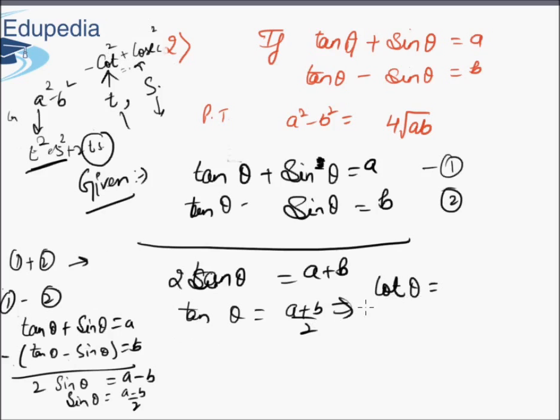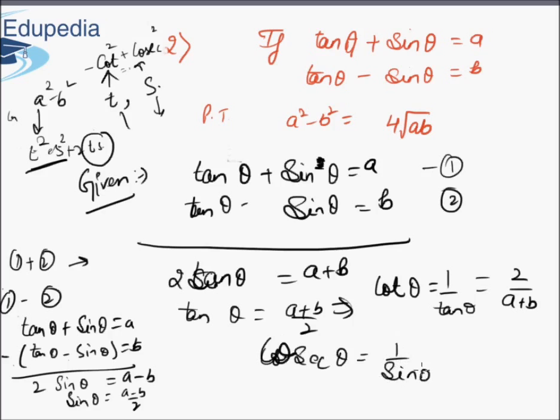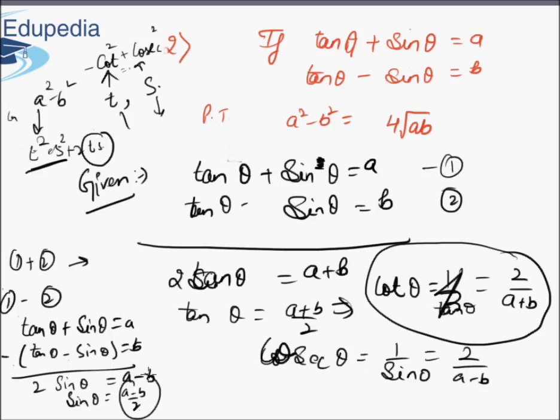What is cot theta? It is the reciprocal of tangent theta, so it will be 2 over A plus B. Now what is cosecant theta? It is the reciprocal of sine theta, so it will be 2 over A minus B from here.